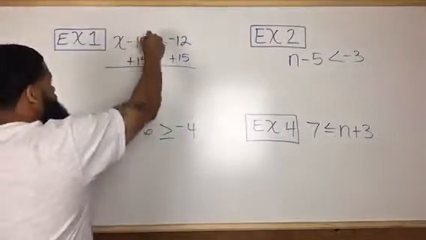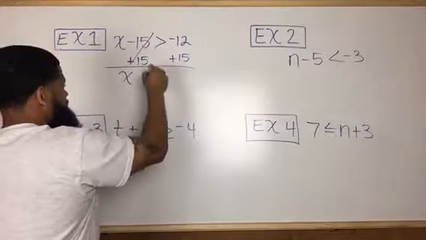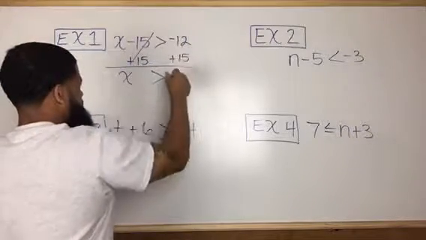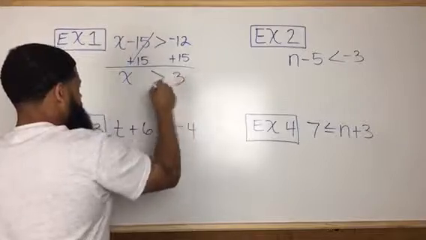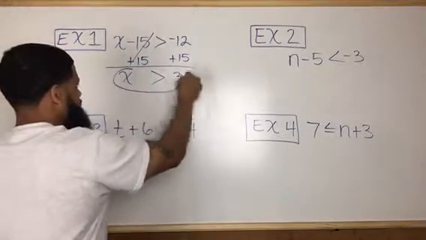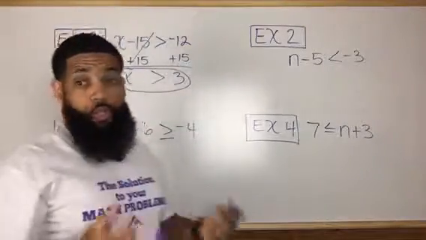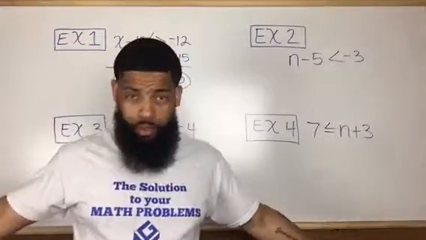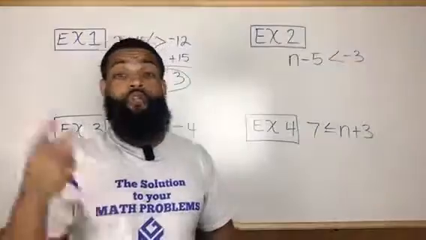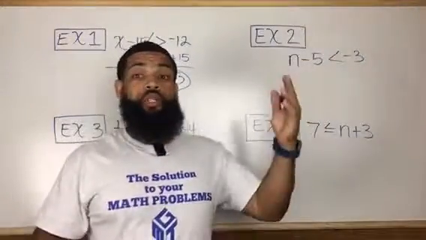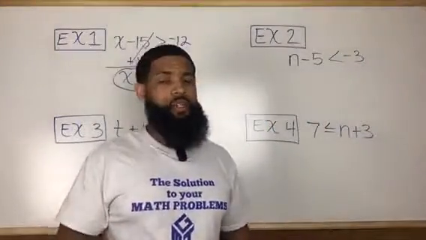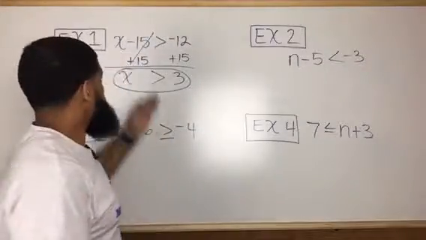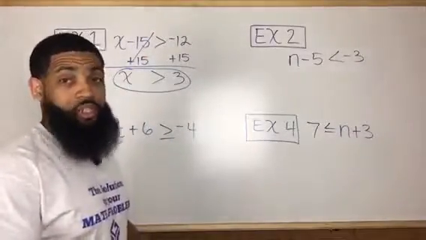So these are going to cancel. I'm left with x still greater than negative 12 plus 15, which is 3. And my solution would be x is greater than 3, or x is greater than 3, as I like to say. Now, there are several numbers that are greater than 3. So that means 4, 15, 38, 72, 1009, or any number greater than 3 will make this inequality true.